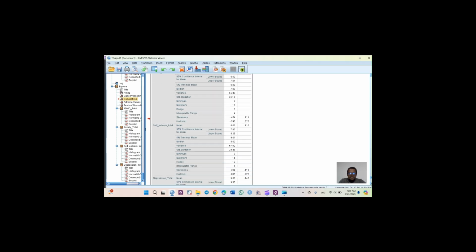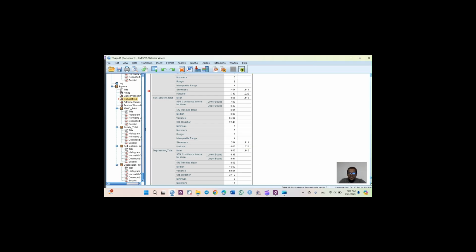About self-esteem, the mean is 8.06 and the 5% trimmed mean is 8.01. So still it's very close, and the median is 8. That's good. Skewness and kurtosis are also very nice.